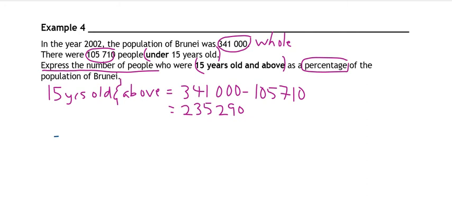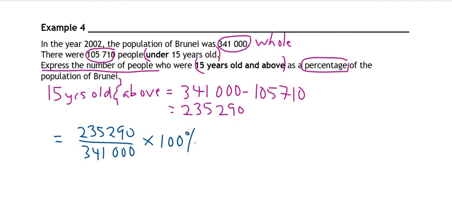So 235,290, which is the number of people who were 15 years old and above, over the whole population, 341,000, and you multiply this by 100%. If you cancel the numbers, one pair and then another pair, you will straight away get 69%. So 69% is the percentage of people who were 15 years old and above, and the remaining percentage will be the people under 15 years old.